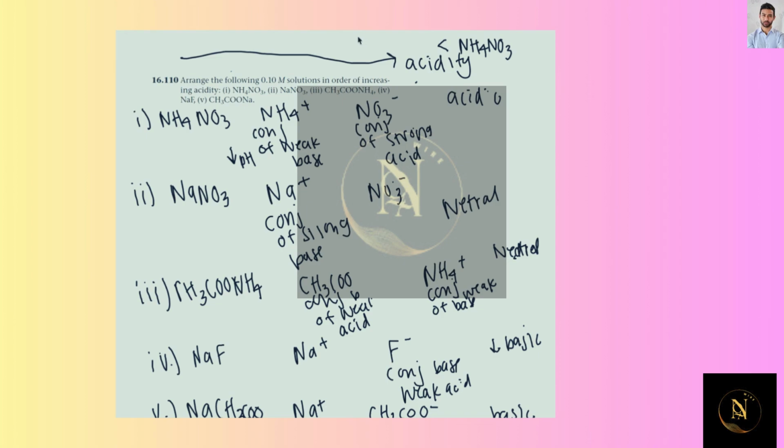And when you have two weak ones, it lies closer to the 7. All right, and then we put our next weak one, which was the CH3COONH4.